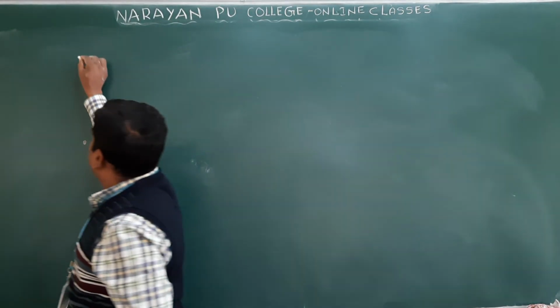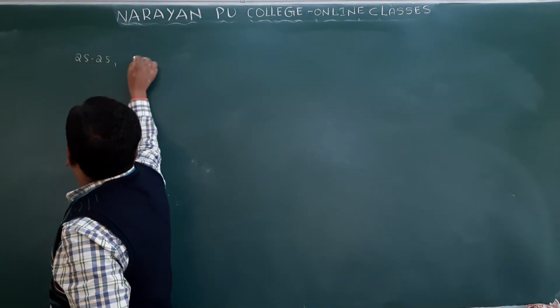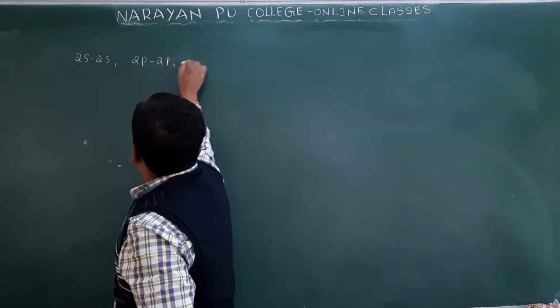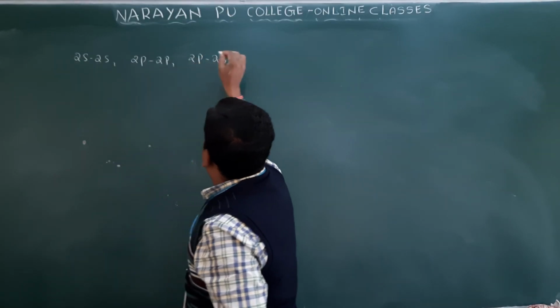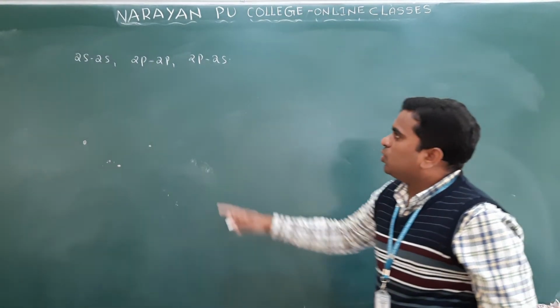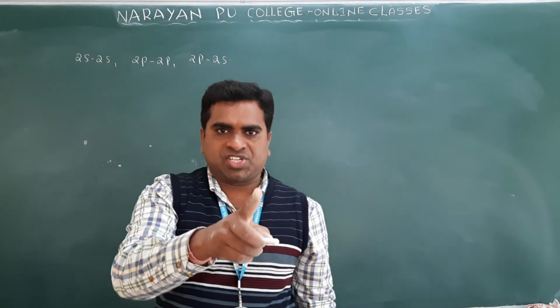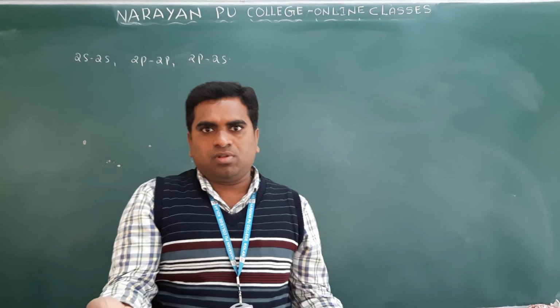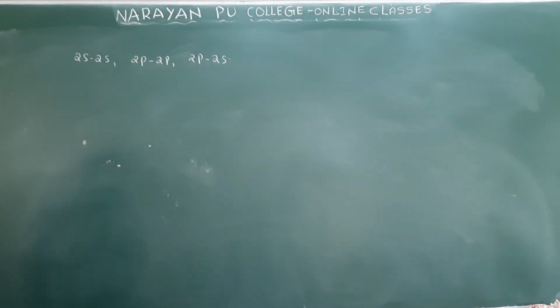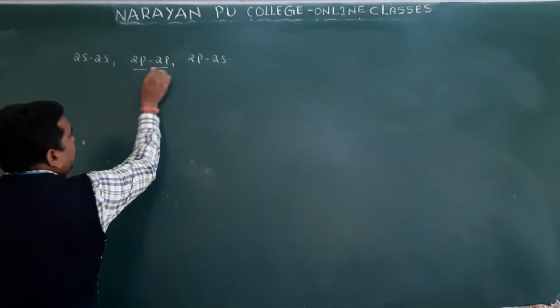Clear? Which orbital is more directional? Now they have given options here: 2s-2s, 2p-2p, and 2p-2s also. You know s orbitals are non-directional, spherical in shape. But p orbitals are directional.